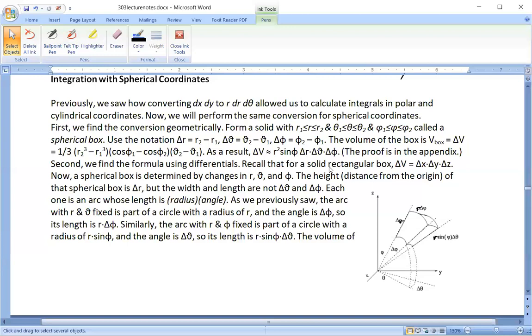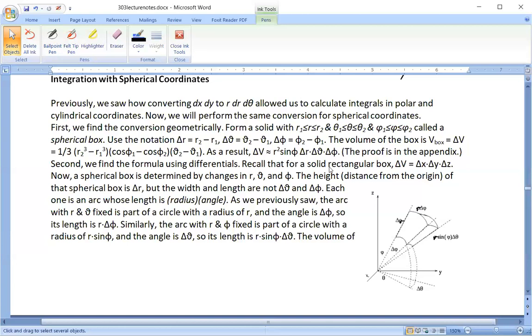Instead, what I'd like to focus on is where this formula comes from using differentials. Recall that we've got a solid rectangular box, delta V equals delta X times delta Y times delta Z, your basic bit of volume. Now, a spherical box, as in the picture, comes from the changes in R, theta, and phi.